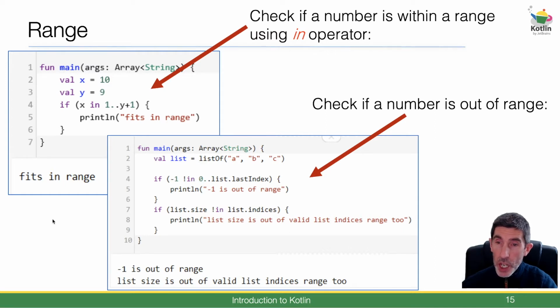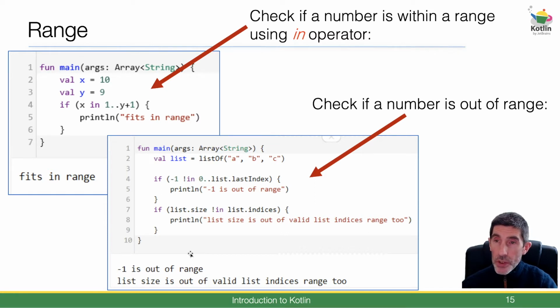"-1 is out of range", and then we can also compare it against indices. We can say if our list.size, so what's the size of our list? It's 3. So if 3 is not in list.indices, which would be 0, 1, and 2, we get that printed to the screen also: "list size is out of valid list indices range".